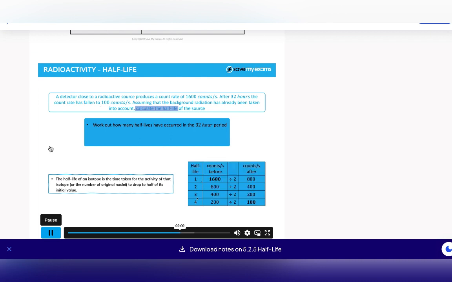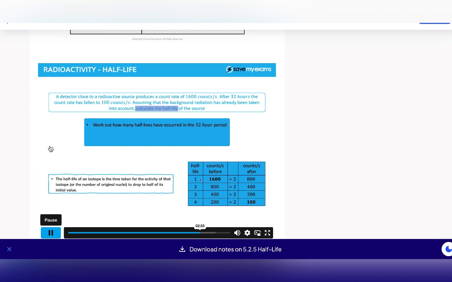There I've just listed the half-lives. We start off at 1600, that's what was given. I halve it, so my first half-life goes from 1600 to 800. I then make this my second half-life and halve it again, and I've carried on until I end up with a count rate of 100 counts per second.